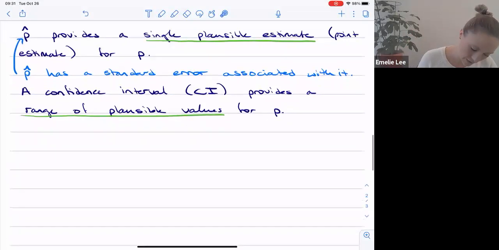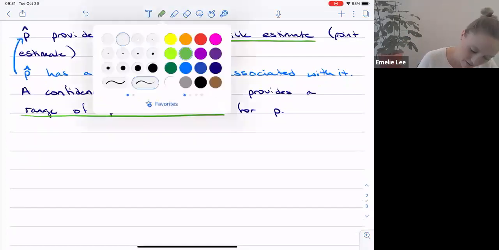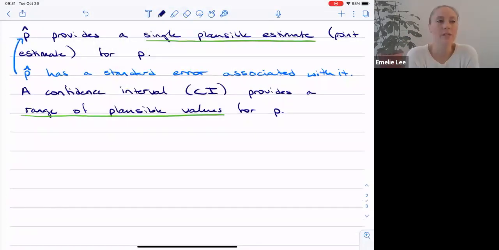The default confidence level is going to be 95%. It gives us a nice trade-off between confidence, right? 95% is pretty high, so we can feel good about putting that out there. But we also don't have to have a super wide interval in order to make that happen.